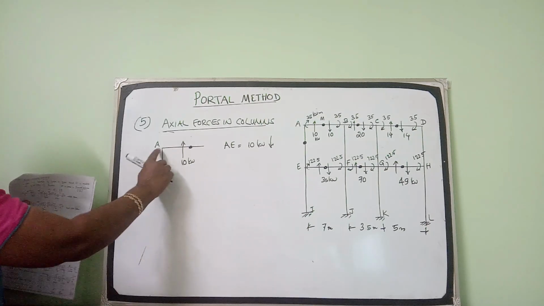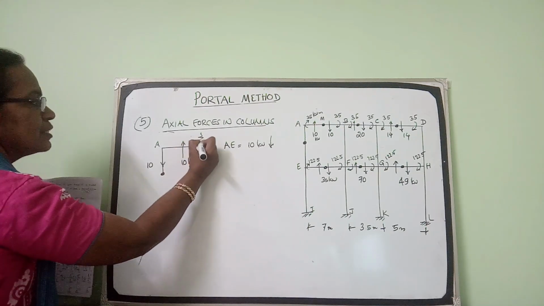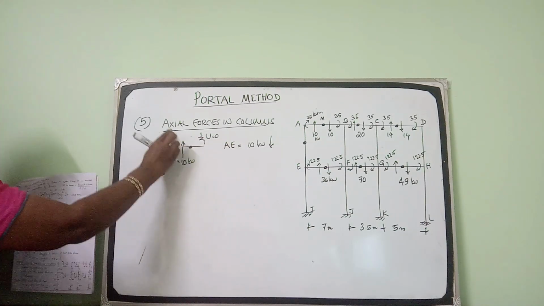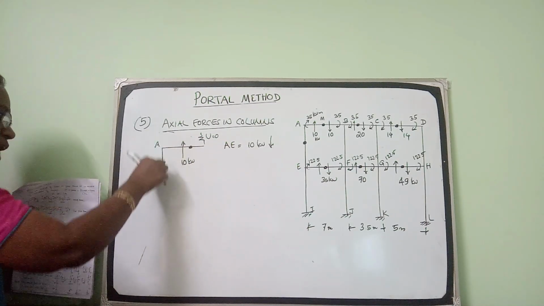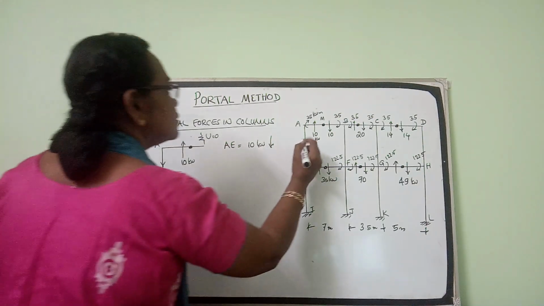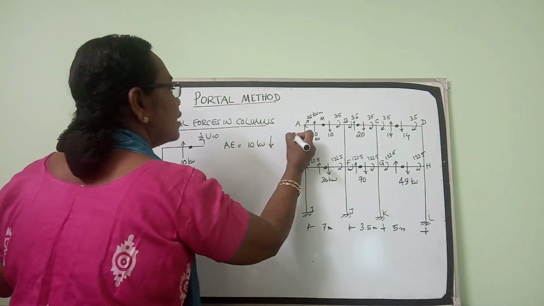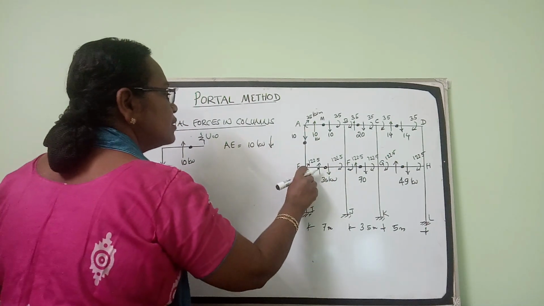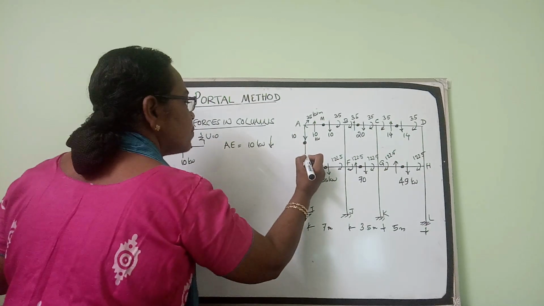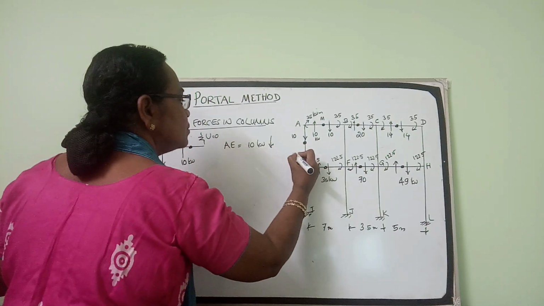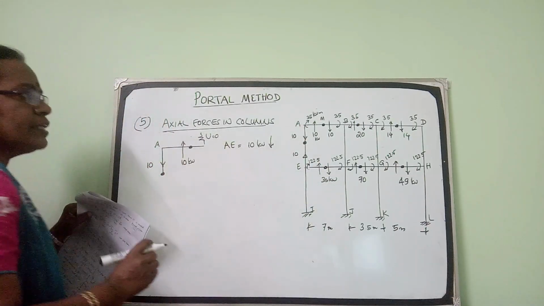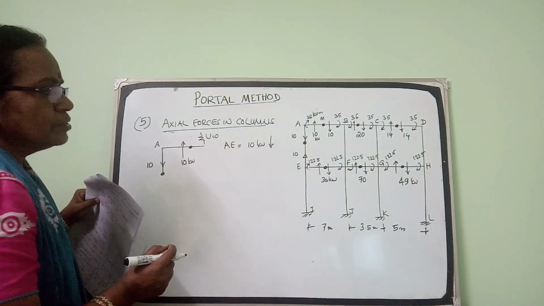If you consider sigma V equal to 0, there is 10 kilonewton acting upward as shear force. So the axial force in this column will be 10 kilonewton downwards. At this end, since there is a point of contraflexure, this will be equal and opposite, equal to 10.